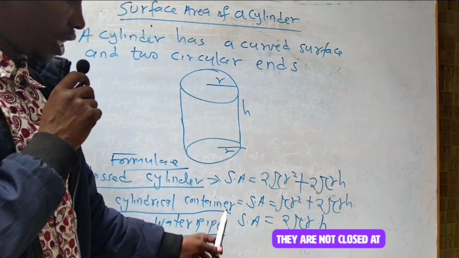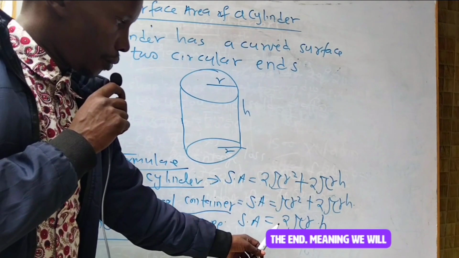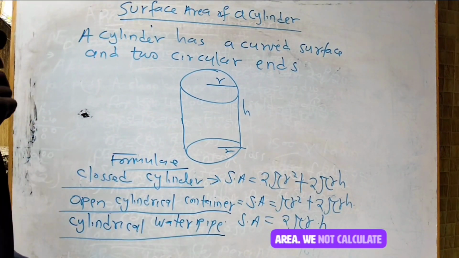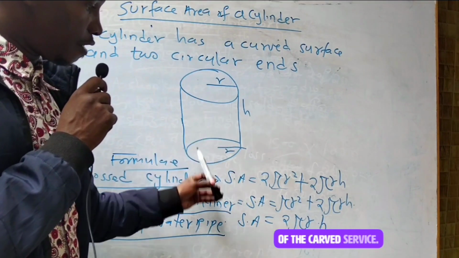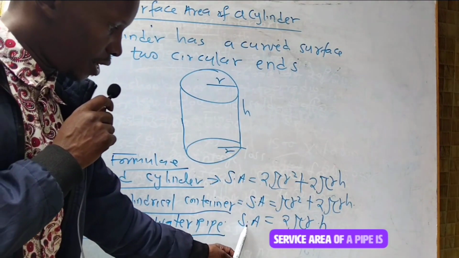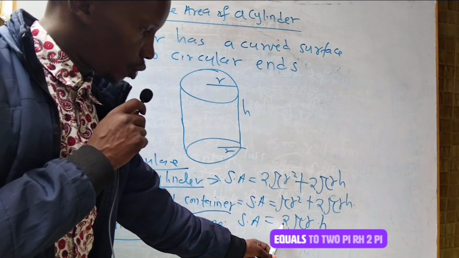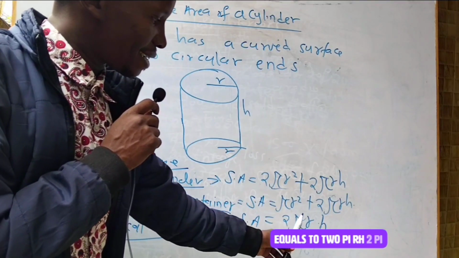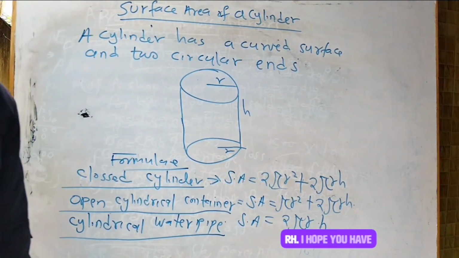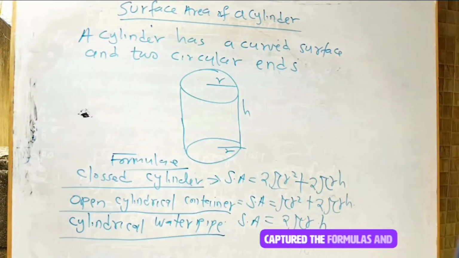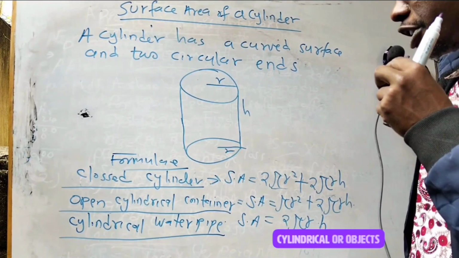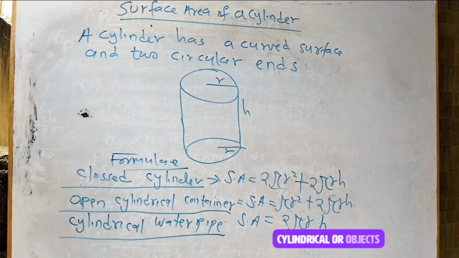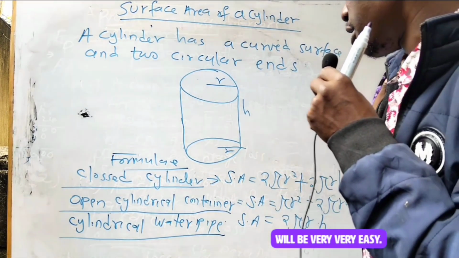They are not closed at the ends, meaning we will not calculate the area of the circular parts. It's only the area of the curved surface. That's why the surface area of a pipe is 2 pi rh. I hope you have captured the formulas, and once we understand them, calculating the surface area of cylindrical objects will be very, very easy. Let us go.